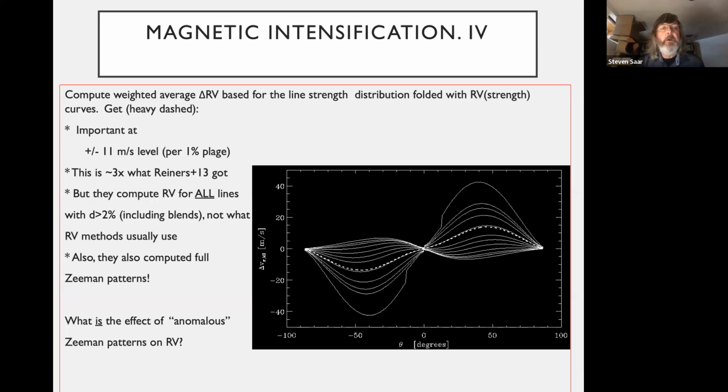Okay. So what you can do is, in wavelength bins, compute distributions of line strengths, and then fold that through the radial velocity curves that I showed you before, scaled to the appropriate wavelength and such, and produce a combined average effect that you'd expect from the spectrum.